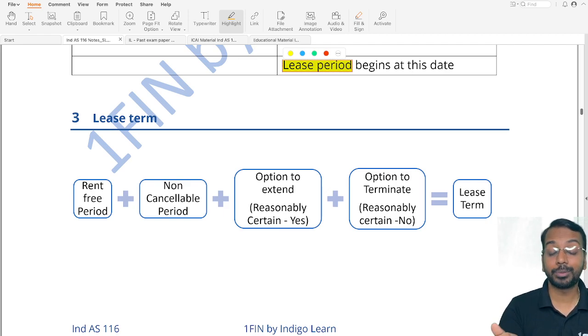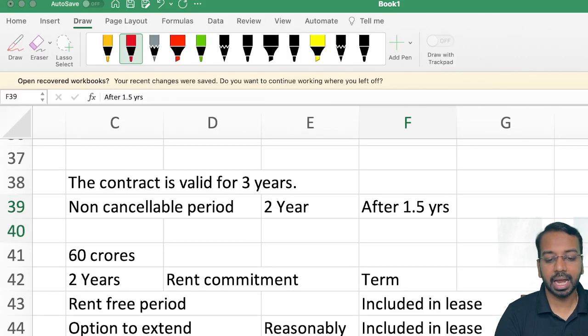I have an option to terminate. And if I am likely to exercise the option to terminate, I will not include that in the lease term.